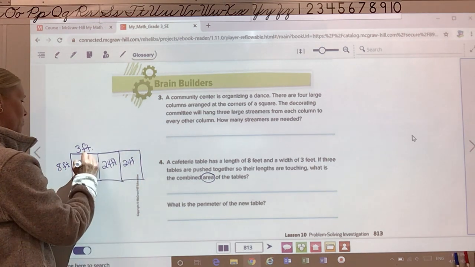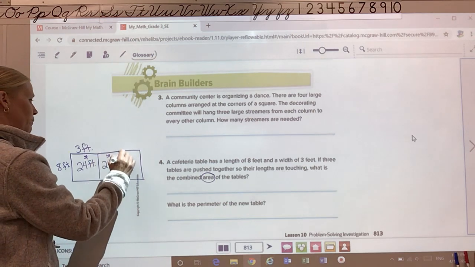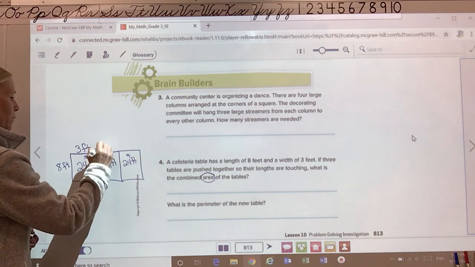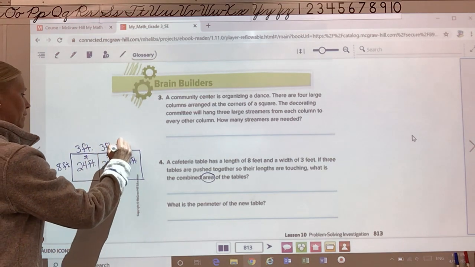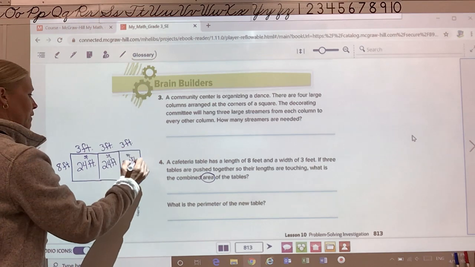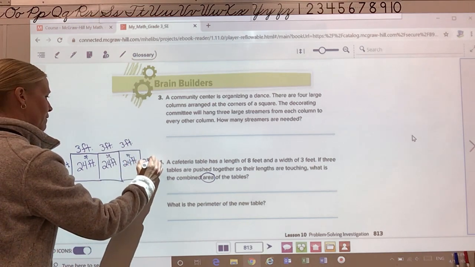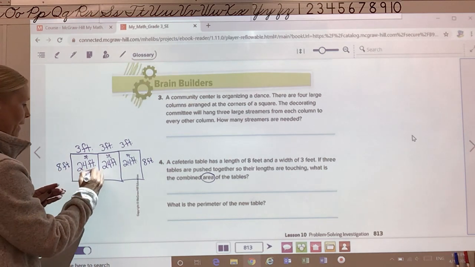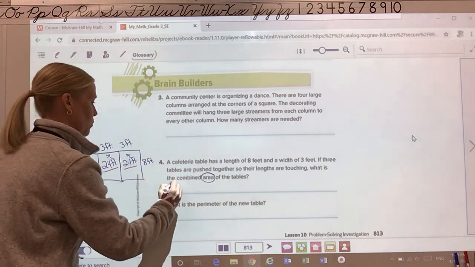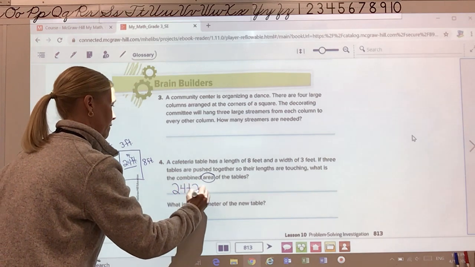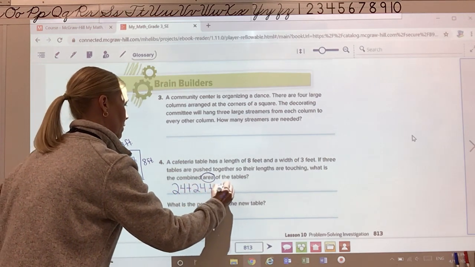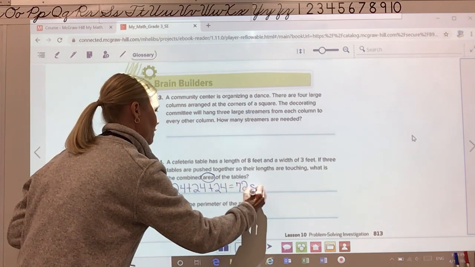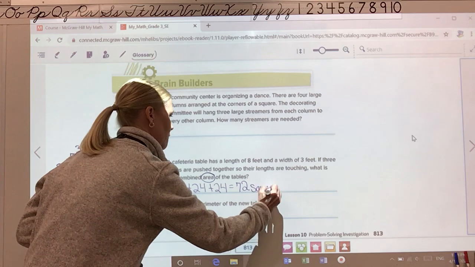I'm sorry, I need to put that square feet in there. Square feet. So 3, 8. All right. So now to find the area, we just need to add 24 plus 24 plus 24 for a total of 72 square feet.